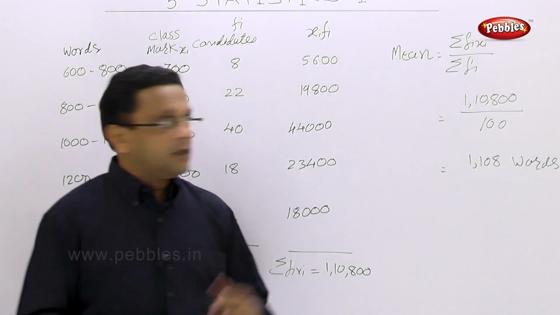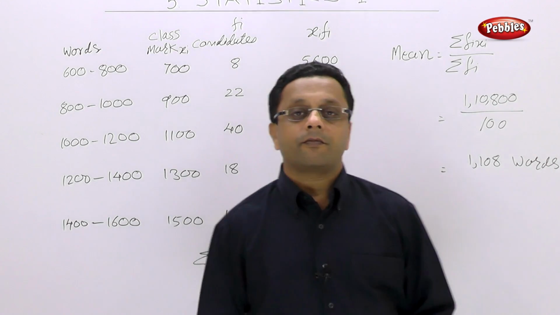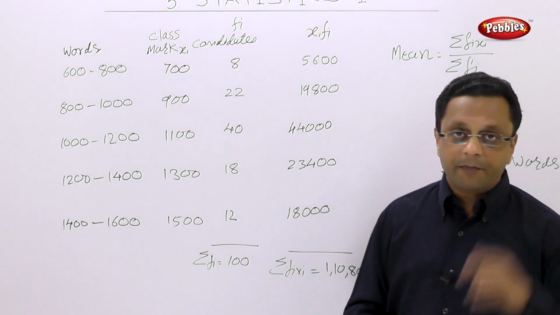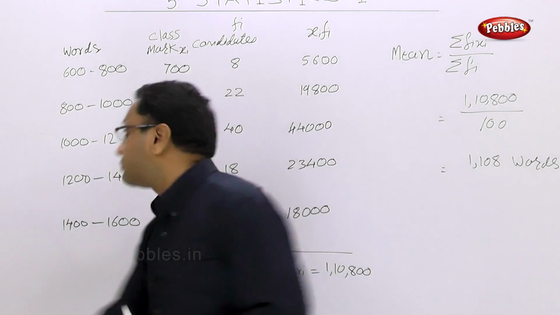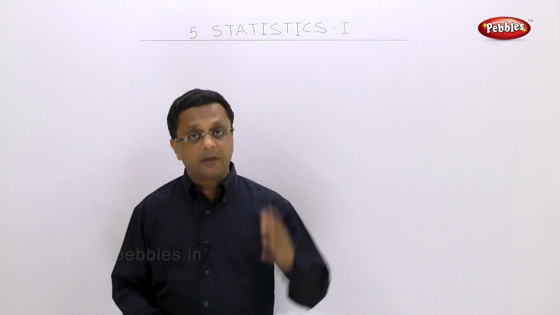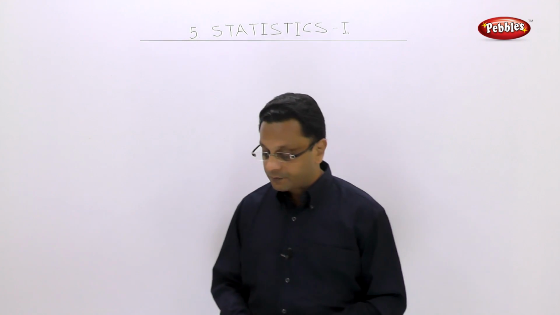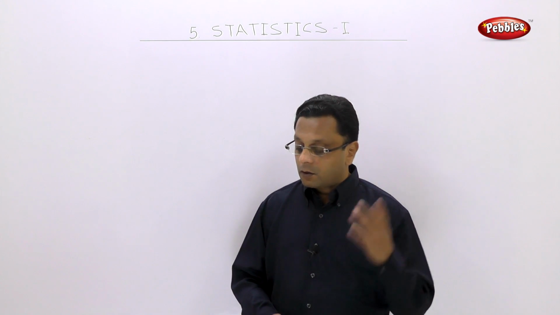But we will see a few more examples in this and then we will go to the second method. Okay, let us do one more sum. The following is the frequency distribution of time in minutes a worker takes to complete the work. Obtain the mean time taken by a worker to complete the work.